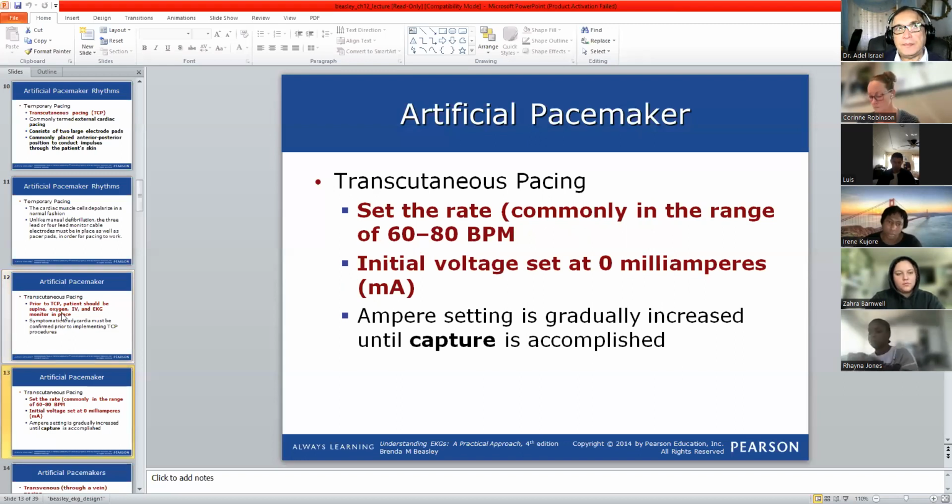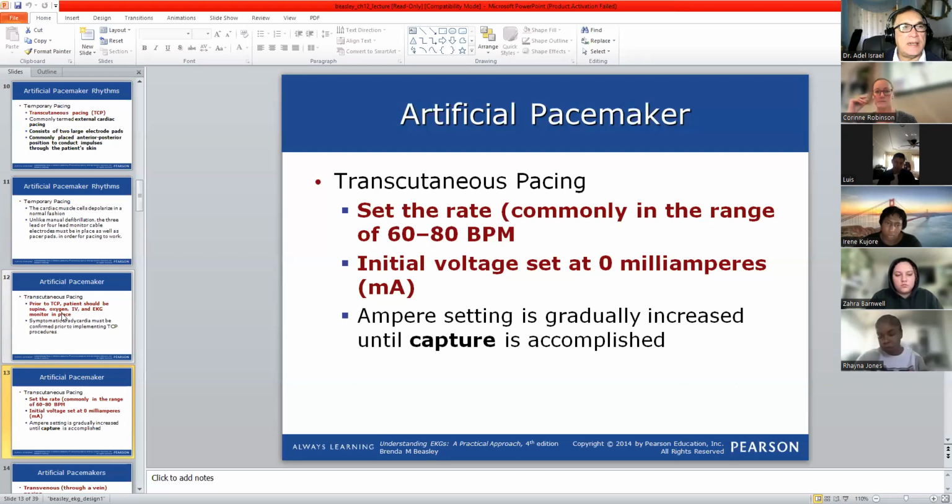Then the transcutaneous pacing is going to be set to work like a normal heart, so it will be adjusted between 60 up to 80 beats per minute. And the initial voltage, this is a very common question.